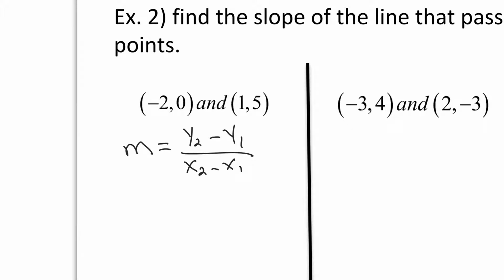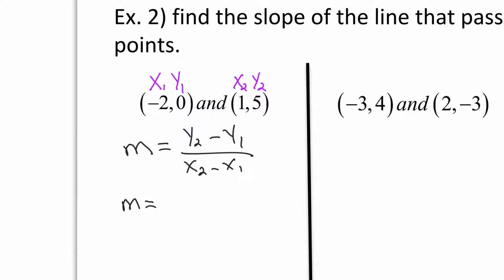So I need to know which numbers are the x1, the y1, the x2, and the y2. My first point is x1 and y1, your x coordinate and your y coordinate. Second point, you have your x2 and your y2. So now all you have to do is substitute the numbers and check when you reduce what the answer is.